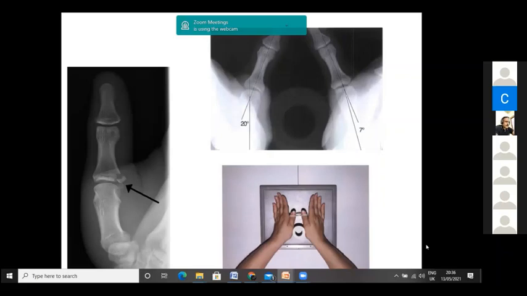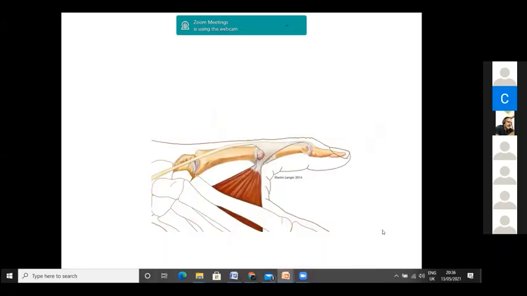If the ulnar collateral falls in its position, it has a chance to heal. But if it falls on something else, it will not be in the anatomical position. That is known as a Stener lesion. Here you can see the collateral is supposed to be underneath the adductor tendon.